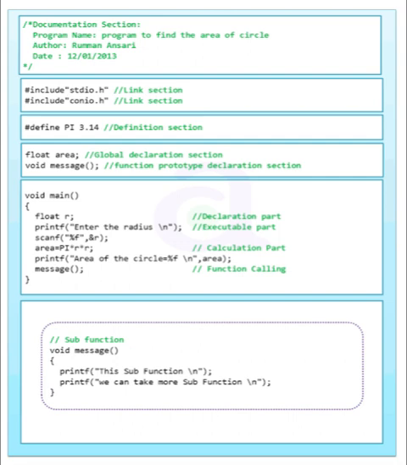Semicolon. So semicolon is used to end a line of code. I want you to see semicolon as a full stop. Just like whenever you are writing a sentence and you want to tell the reader that this particular line of sentence has ended, you use the full stop to end it.